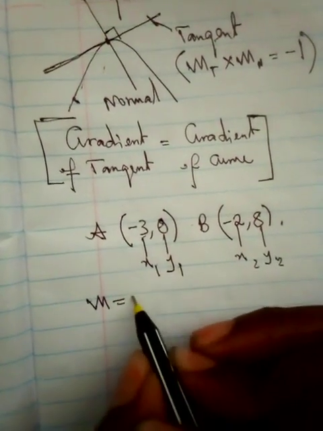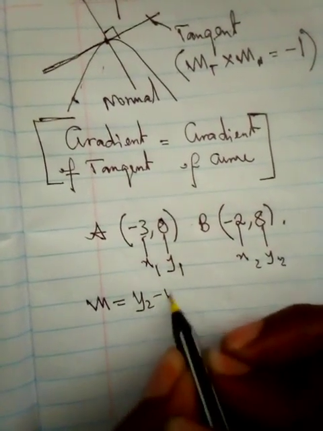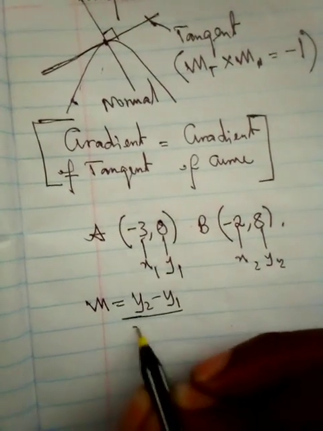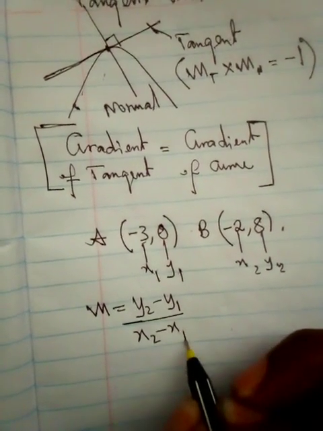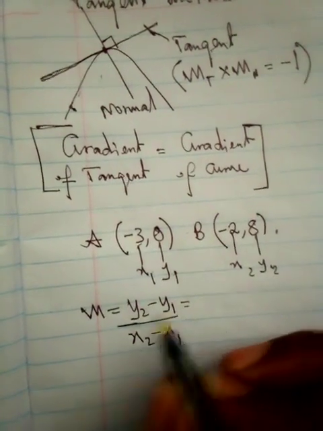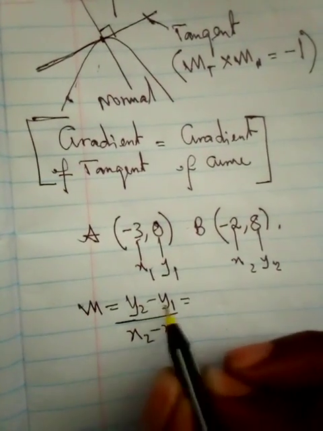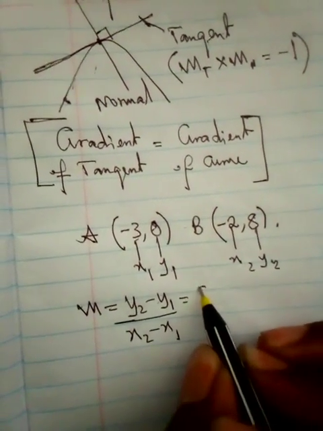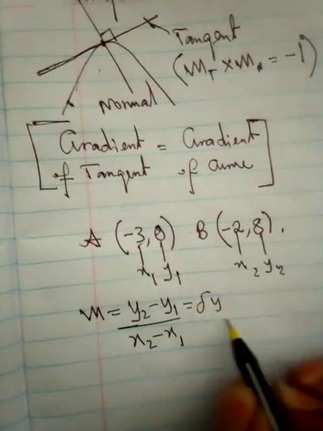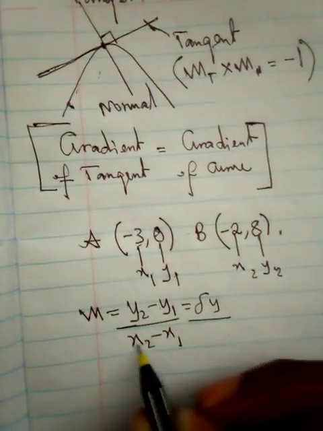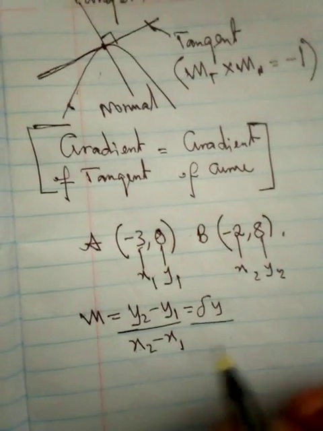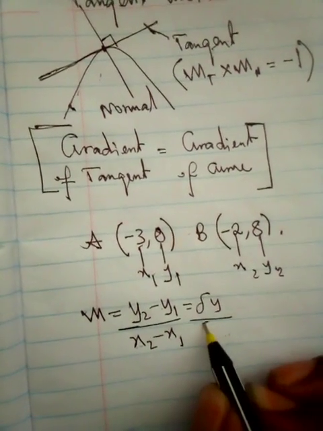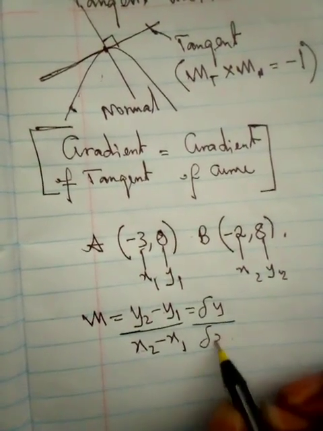M is going to be given by y2 minus y1 over x2 minus x1. This means change in y, and we write that like this. This means change or difference in x, which is written like this.